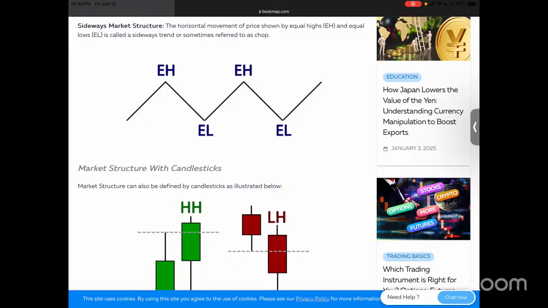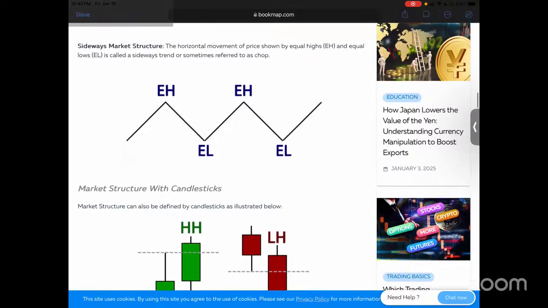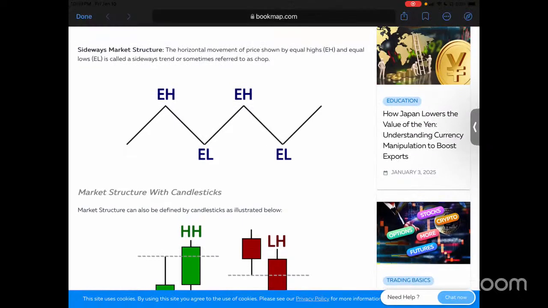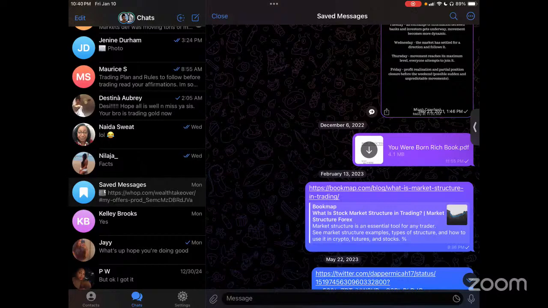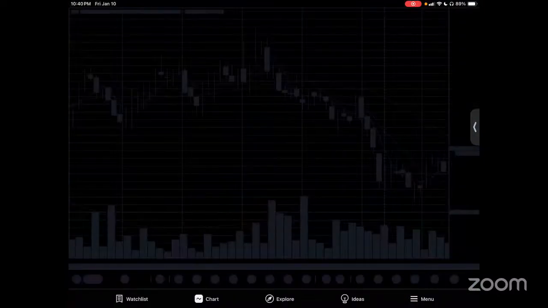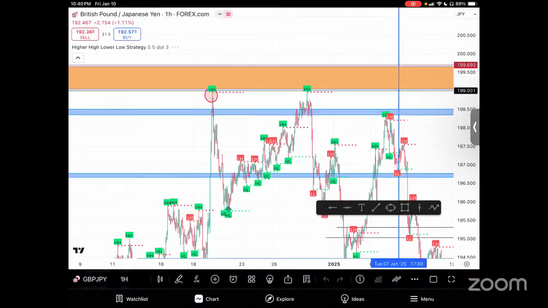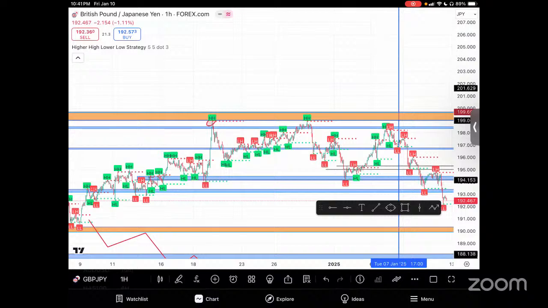Let's look back at our example on GJ. So take a picture of this, take a screenshot of this, draw it, right? Let's go to TradingView. Let's use our handy cheat sheet and let's see if we can find an area of consolidation.